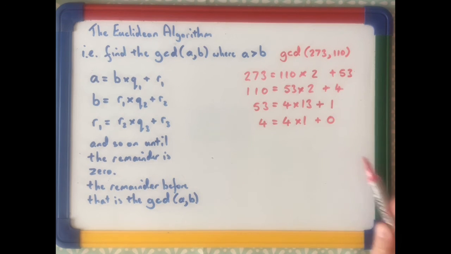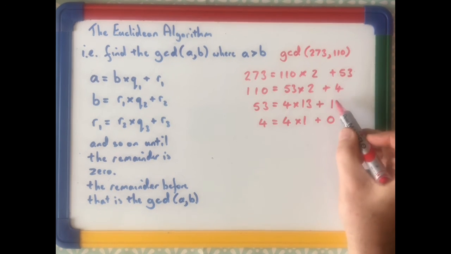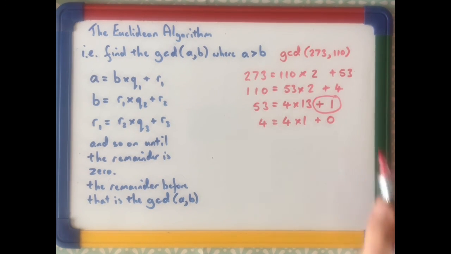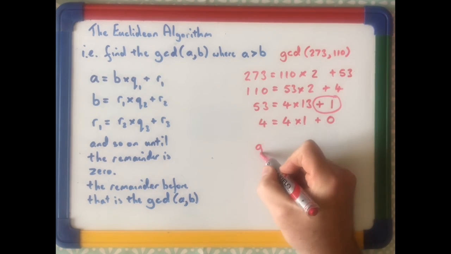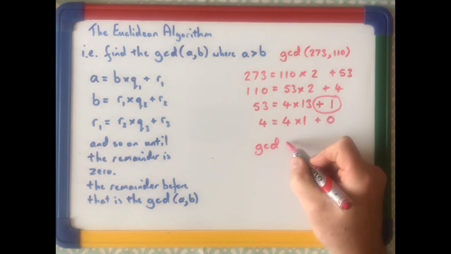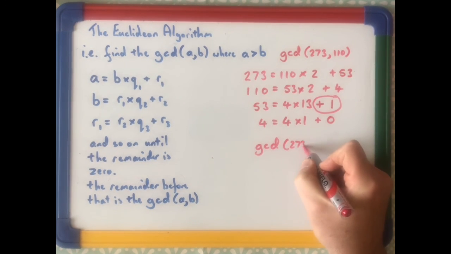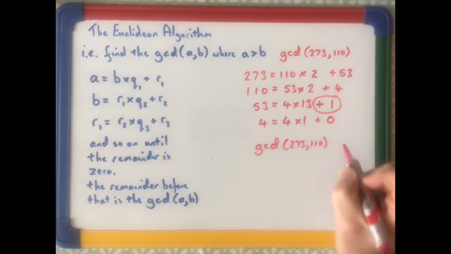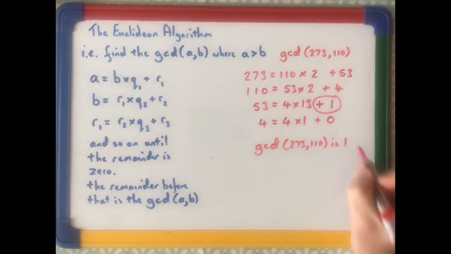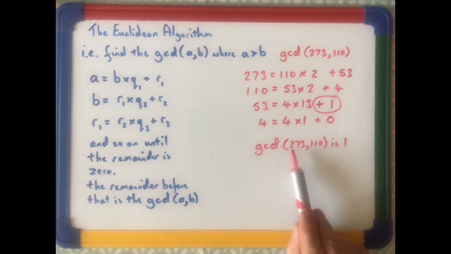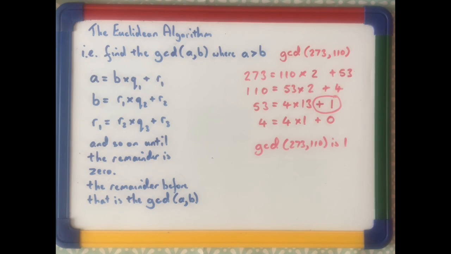Remember what we said, when you've got a remainder of 0, the remainder before that is the greatest common divisor. So here, the greatest common divisor of 273 and 110 is 1. So in fact, these two numbers are co-prime.